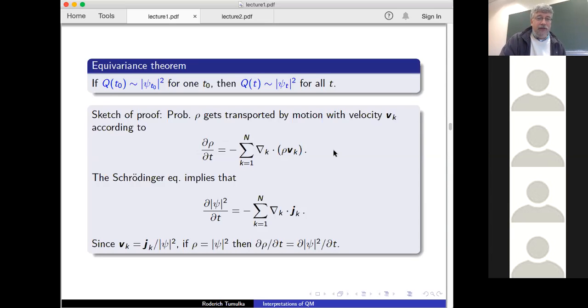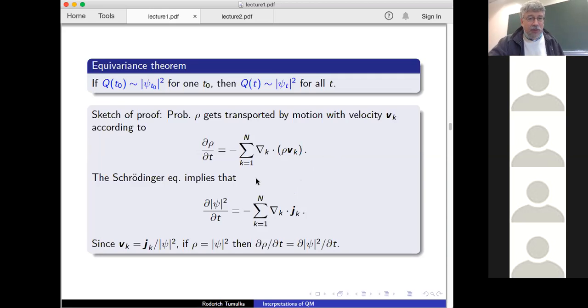Now, for this equation, rho is kind of arbitrary. You could choose the initial data randomly with your favorite probability distribution rho, and then the probability density would be transported according to this equation.